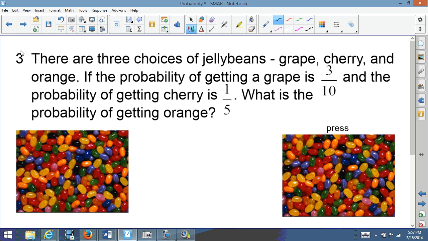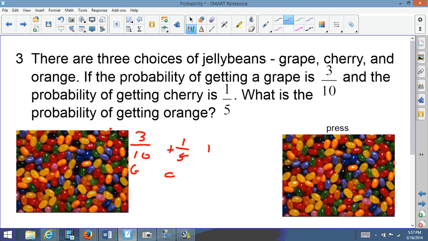Okay, well, we have our different colored jelly beans here, and the grape is 3/10. So let's get that down there. 3/10 for grape, and we got 1/5 for cherry.